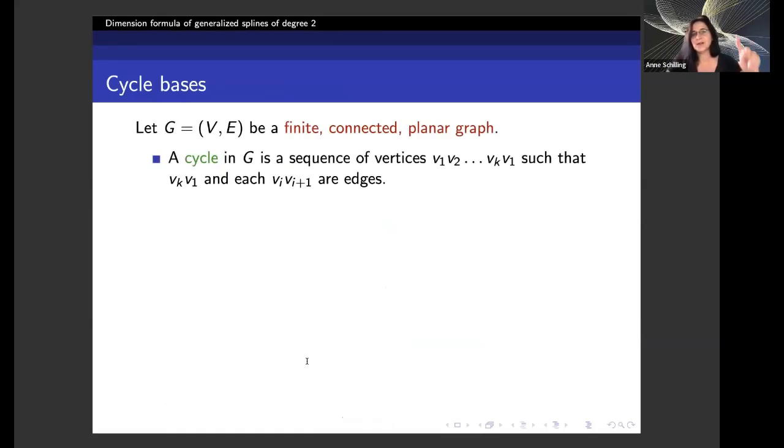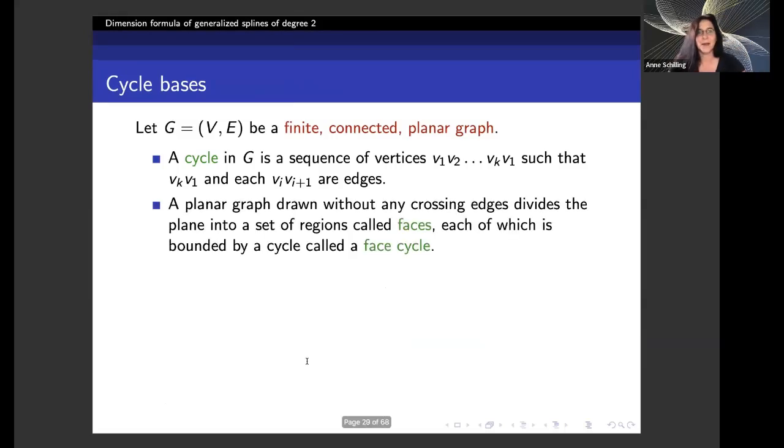A cycle is just a sequence of vertices such that every two adjacent vertices form an edge. In a planar graph, if we have a planar embedding without any crossing of the edges, then we can define the faces of the graph, and each face is bounded by a cycle, so we call that a face cycle.